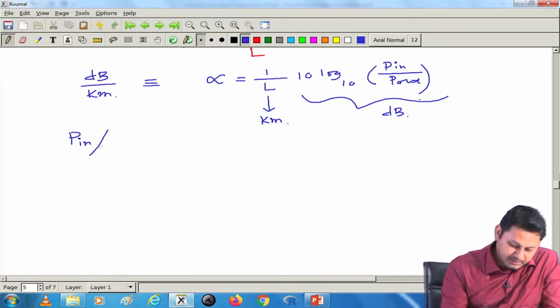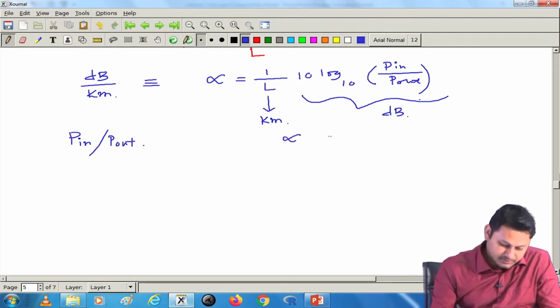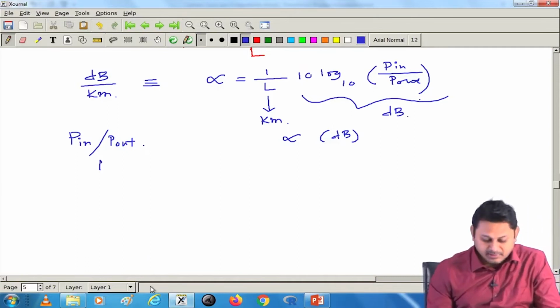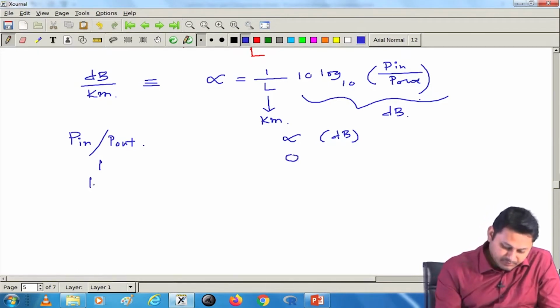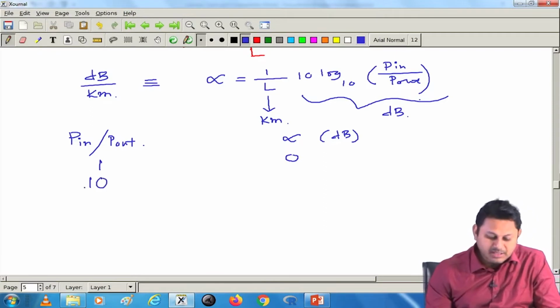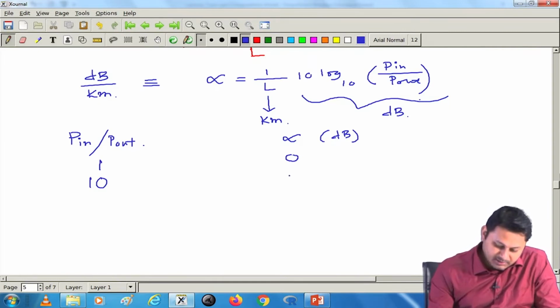If I have the P in to P out ratio as the argument of this log base 10, and alpha in dB for unit length: when the ratio is 1, that means input and output power levels are the same, so I should have 0 loss, and here you can see this value is 0 in dB. If the ratio of P input to P output is 10, that means the output is reduced by a factor of 10, then in dB it is 10 as well.